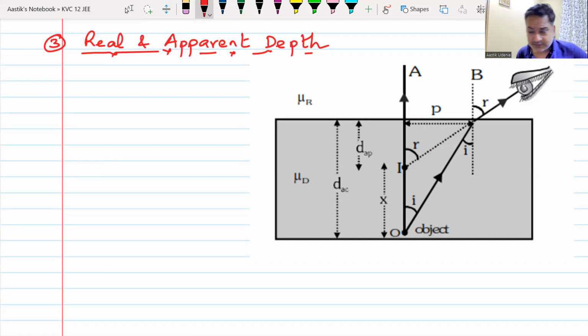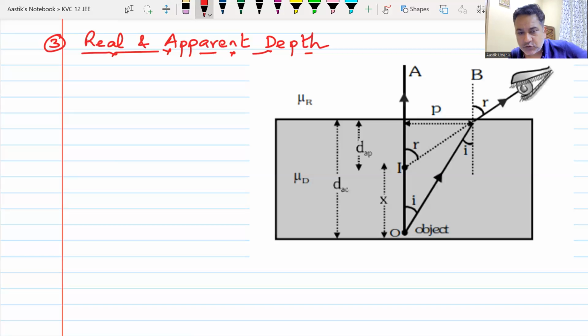Now, if you have an object placed in some other medium and you're observing it from some other medium, the best example is you put something inside water and you try to observe it from outside. Does it look at the same depth when you watch it from air? No, it does not look at the same depth.